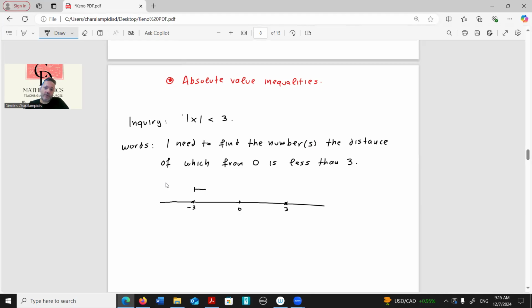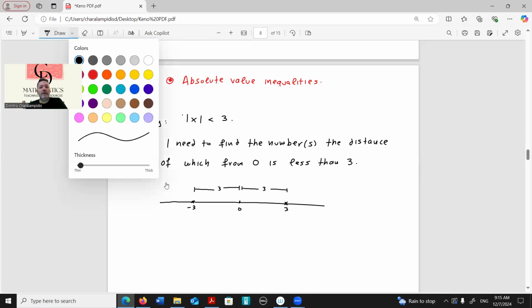The distance from negative 3 to 0 is 3 units, and the distance from 0 to 3 is also 3 units. But I don't want the values of x for which the distance from 0 is 3. I want the values of x for which the distance is less than 3.